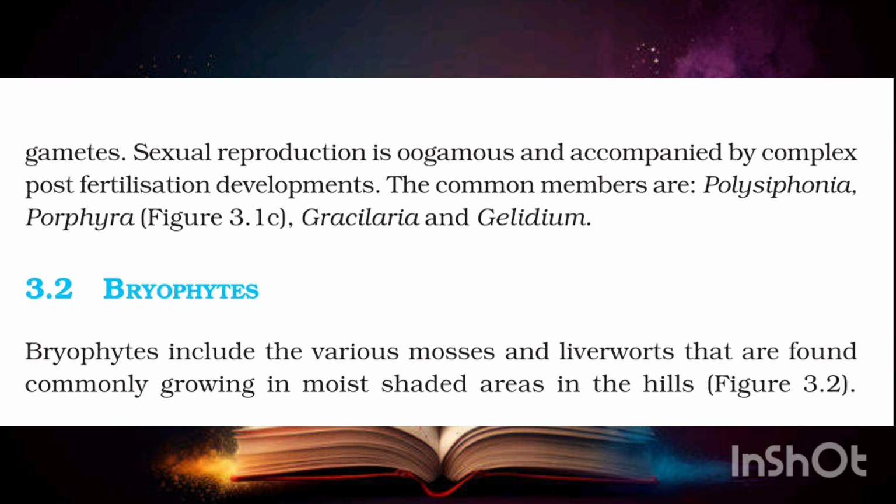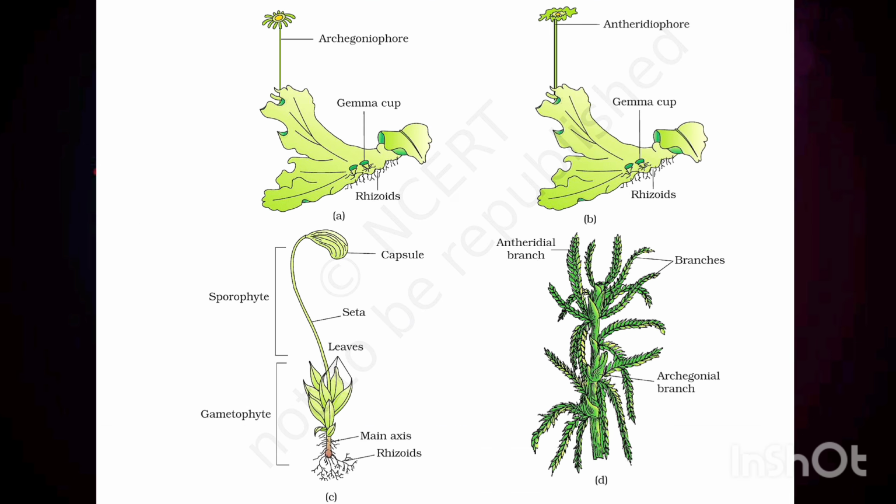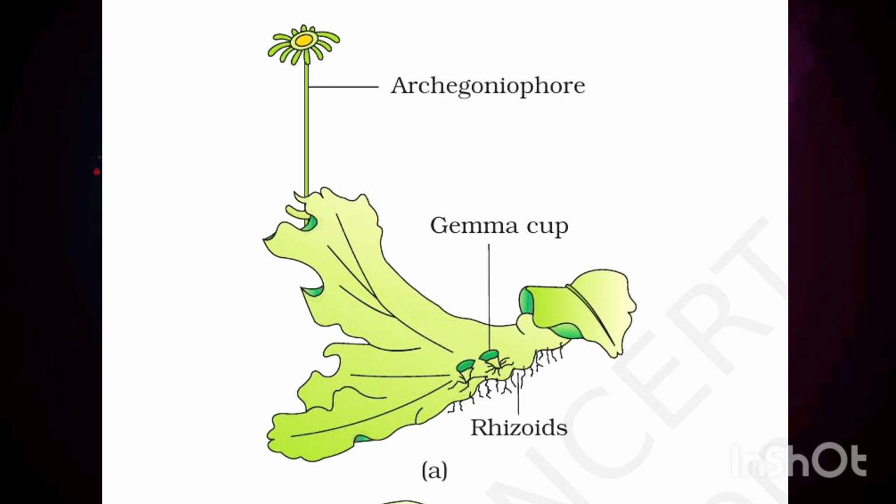3.2 Bryophytes. Bryophytes include the various mosses and liverworts that are found commonly growing in moist shaded areas in the hills. Figure 3.2. Bryophytes. A. Liverwort, Marchantia. A. Female thallus, Archegoniophore, Gemma cup, Rhizoids.